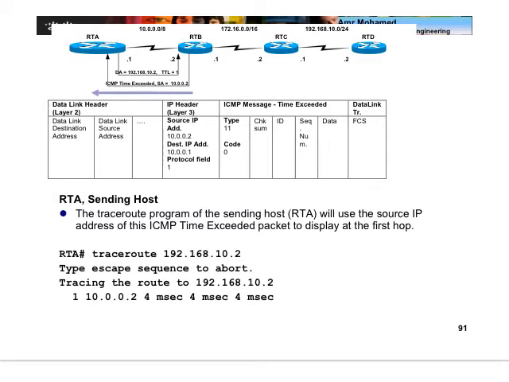So for each of the 3 packets, I have to report the round trip time. I sent it at this time, and I received it after 4 milliseconds. So I report that I received a reply from 10.0.0.2, and all 3 packets that I have sent have taken 4 milliseconds to go and come back. Okay, so this is for the first hop. So what do I need to do now?